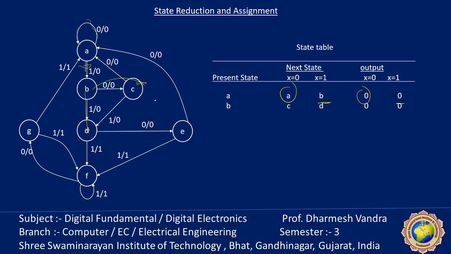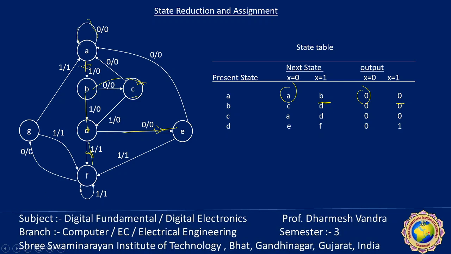In state C, with 0 it will go into A, with 1 it will go into D, and both times the output is 0. In state D, if the input is 0, go into this state, else with 1 go into the next state. So D goes into E or into the F state.